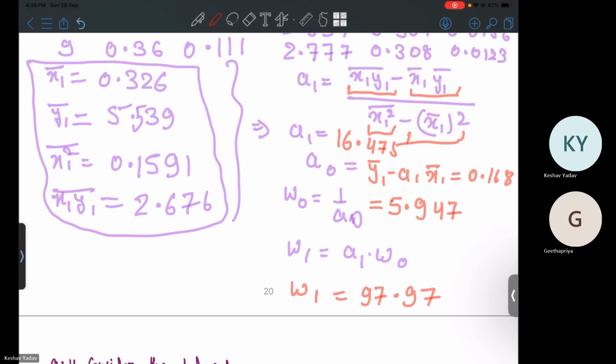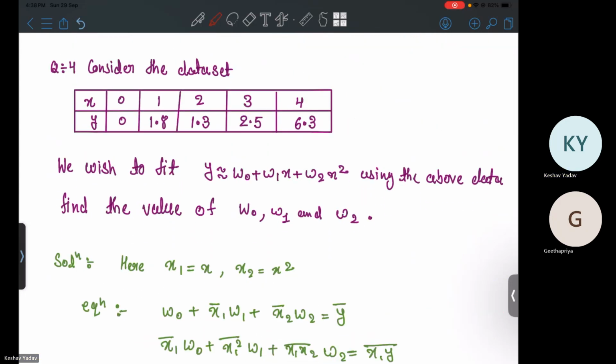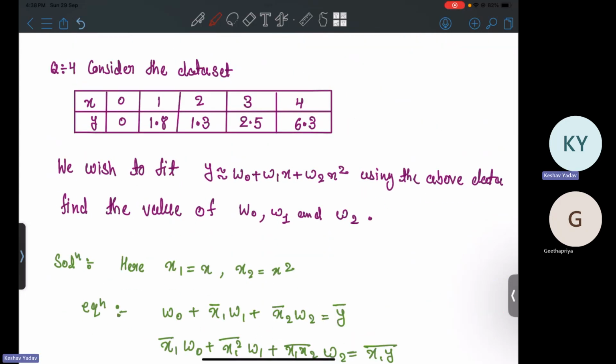Good. So now we move to the next problem. The next problem is like that. We have some data set for x and its corresponding y value. We wish to fit y equal to w naught plus w1x plus w2x square.